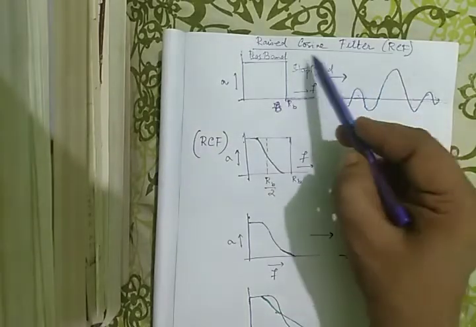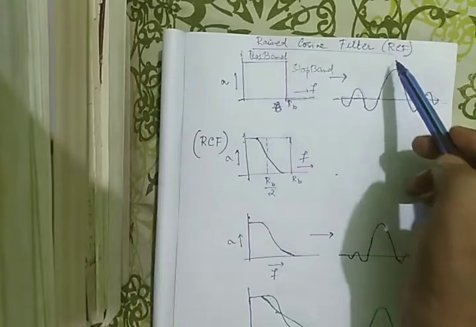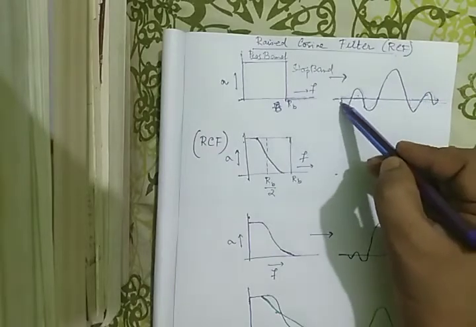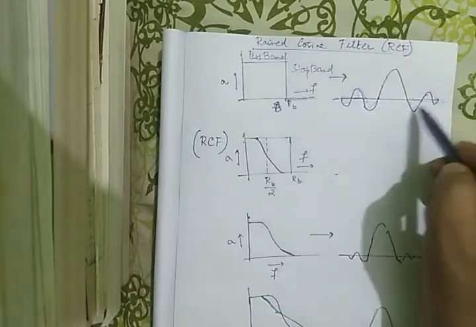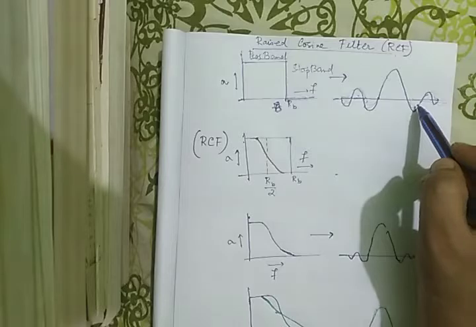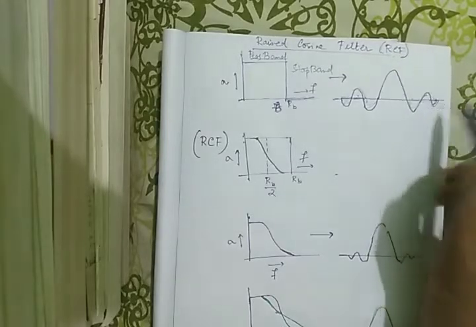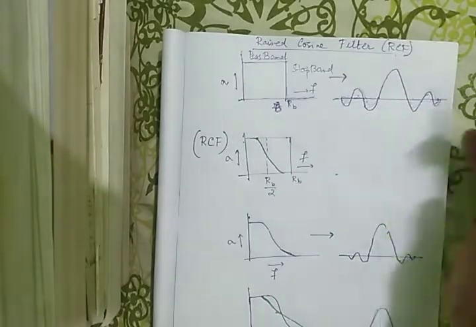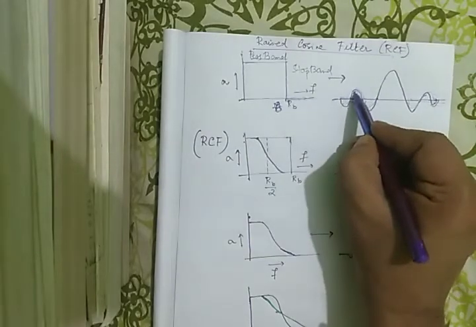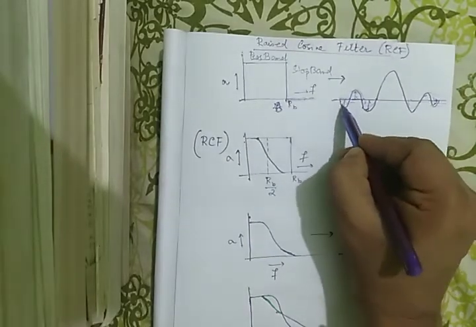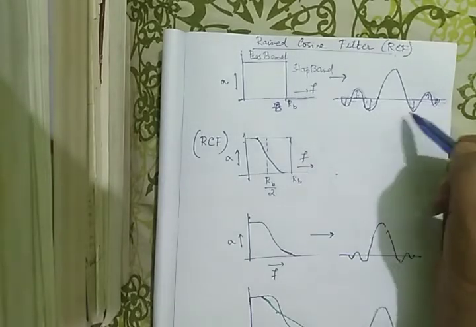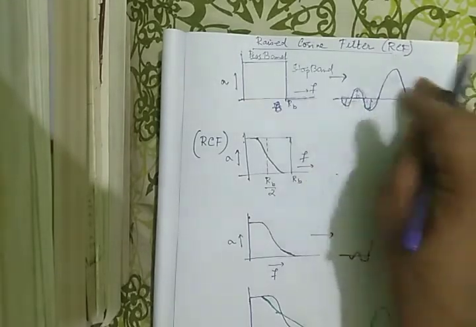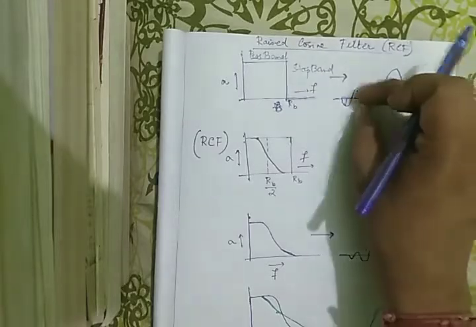By using this technique, we try to minimize the side lobes. Minimizing the side lobes means the amplitude of the side lobes decreases. If you use the RCF technique, the raised cosine filter technique, then the amplitude of the side lobes decreases.